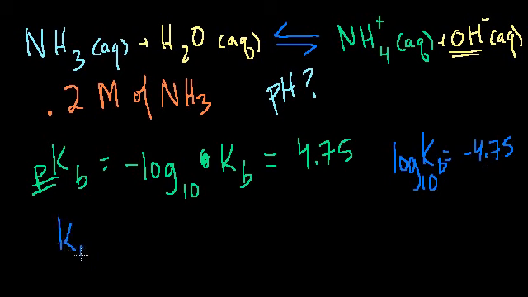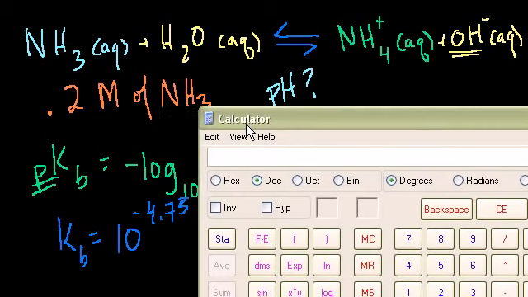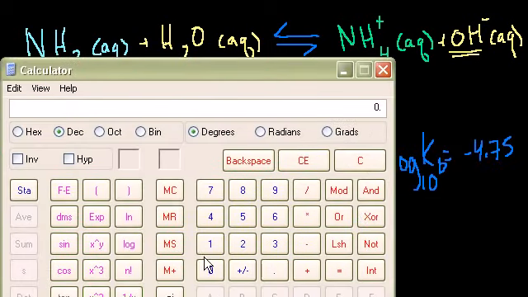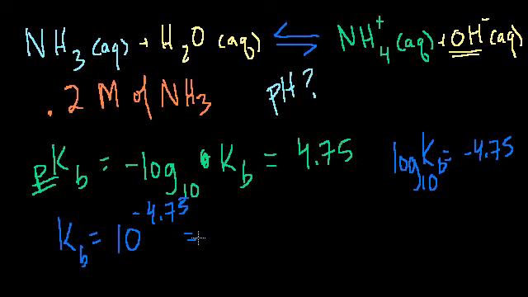That's not an easy exponent to figure out in your head, so I'll bring out the calculator. 10 to the minus 4.75 equals 1.7, let's just say 1.8 times 10 to the minus 5.